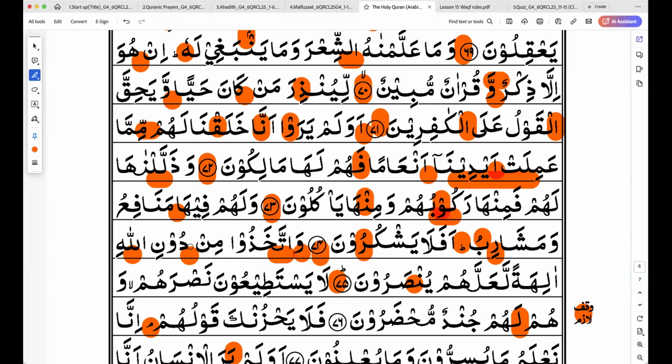So it would be concealed. So only half of noon would be pronounced. So concealed nasal sound. Okay, can you try once? Min dunin. Okay. A little bit more concealing of the noon sound. You can practice it. Yeah. And if you are going to start from here, how will you decide this word?